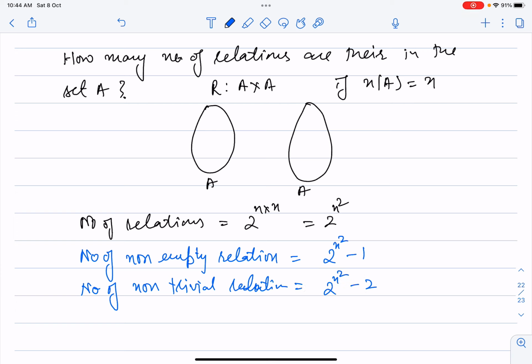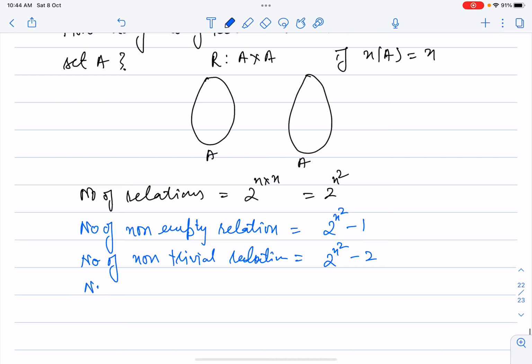Why minus 2? One is the empty relation, another is the universal relation. Both have been deducted because they are trivial relations. So obviously the number of trivial relations is equal to 2 only.